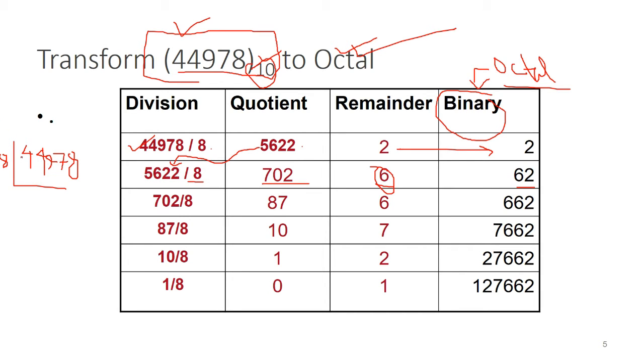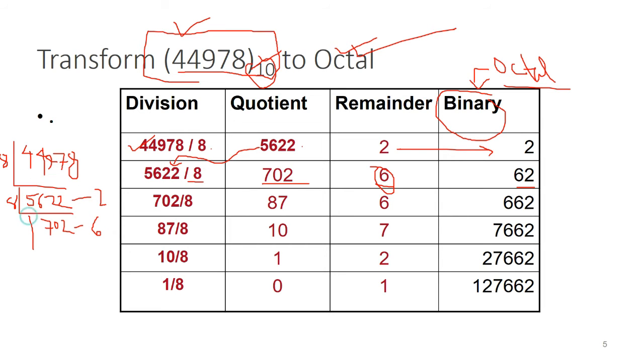At the very first step we get a quotient of 5 6 2 2 and a remainder of 2. Then if we divide 5 6 2 2 by 8 again, we get a quotient of 702, and you get a remainder of 6.